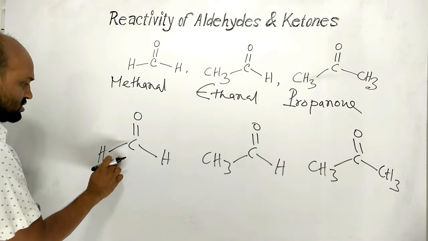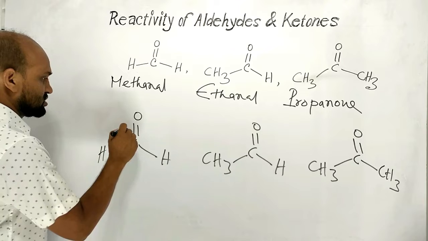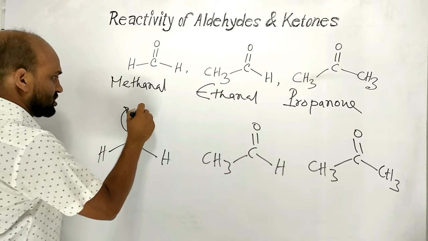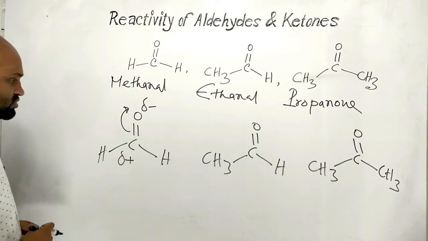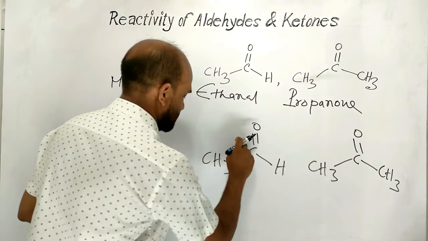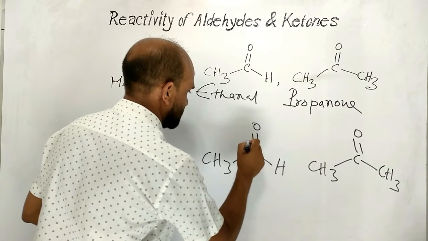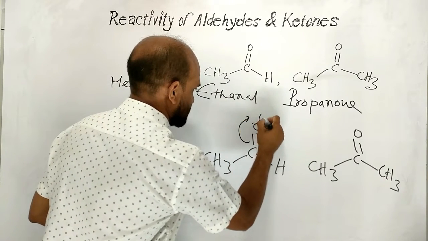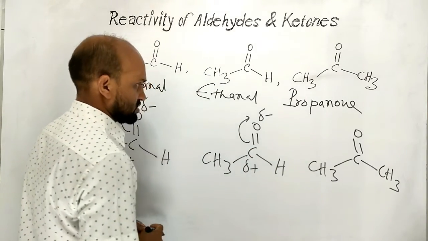Here we see two hydrogen atoms, and this carbonyl group is polarized in this way, it becomes negatively charged, carbon becomes positively charged. Here, in the same fashion, this oxygen gets negatively charged, this carbon gets positively charged.